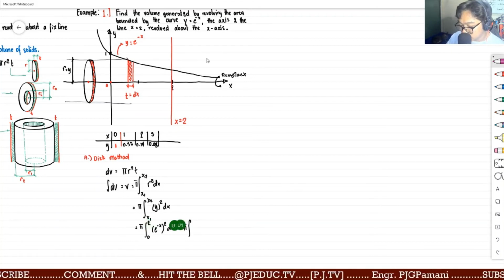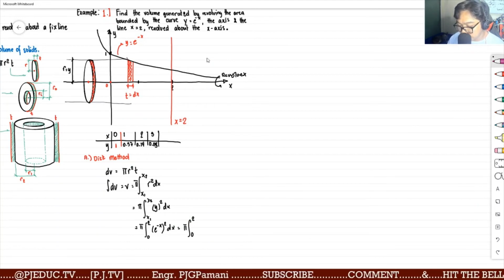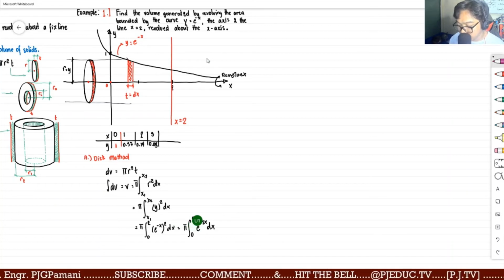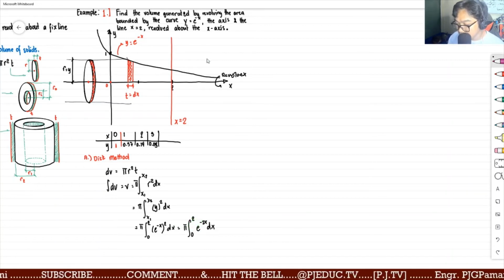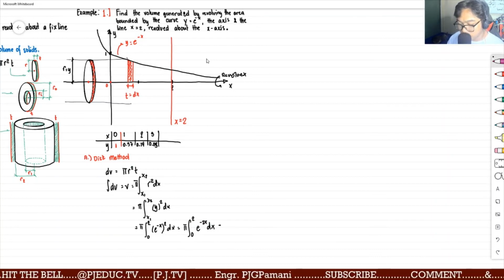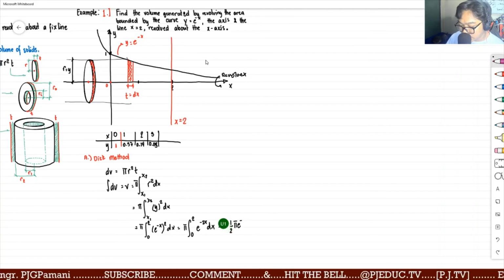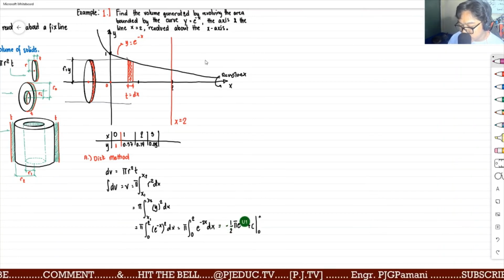That is simply the integral from 0 to 2 of e raised to negative x times 2, that is what? Negative 2x dx. Okay? Then, again, basic application of your integral calculus with exponential function, that is simply negative 1/2 of pi e raised to negative 2x plus c, then your upper and lower limit.